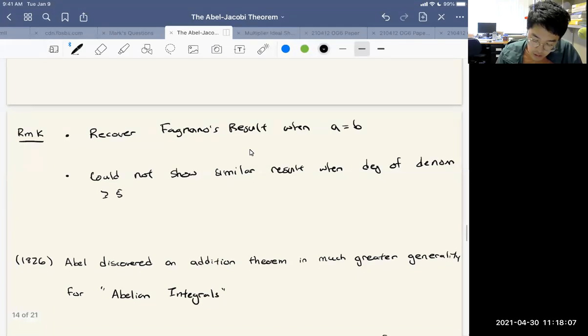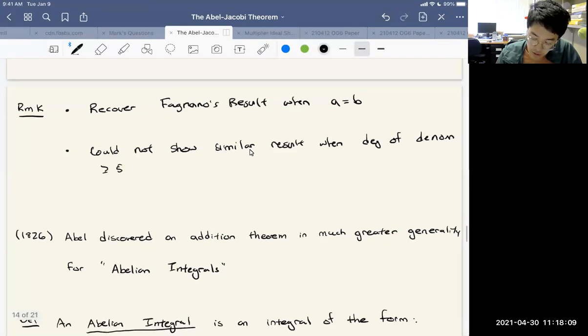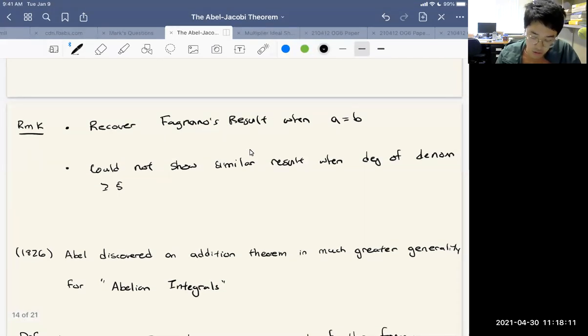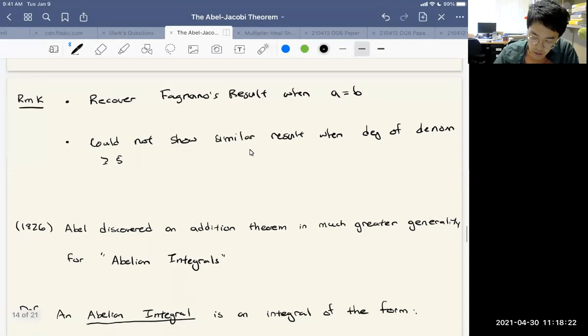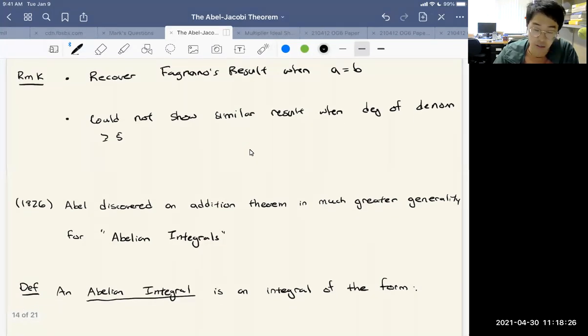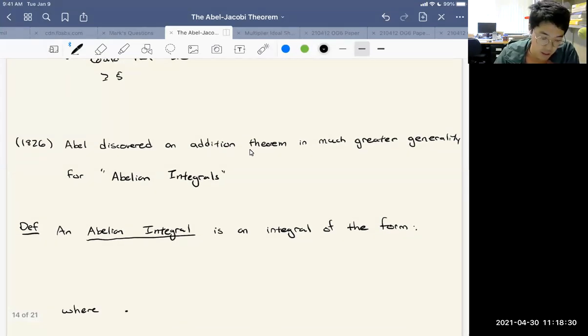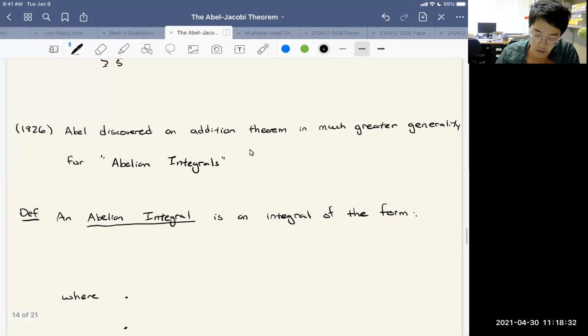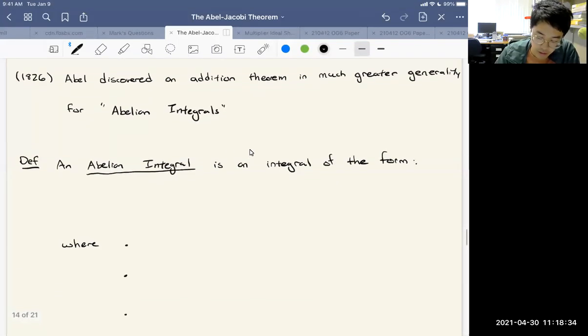And then in 1826, Abel comes along and generalizes this result even further. It's a huge increase in the level of generality in which the addition theorem holds. So he proves an addition theorem for something nowadays called an Abelian integral. I don't know what they called it back then, but nowadays it's called an Abelian integral.